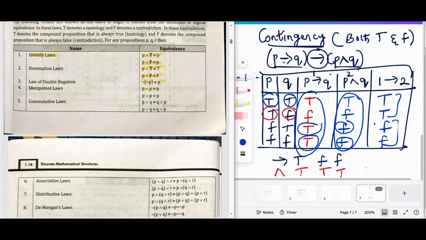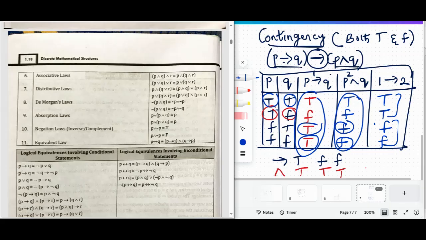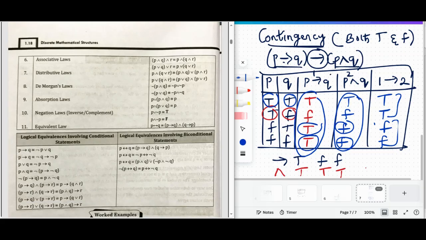Then you have the idempotent law: P and P is P, and P or P is P. Then you have the commutative laws: P and Q is Q and P, P or Q is Q or P. Then you have the associative law, where P and Q and R is logically equivalent to P and Q and R grouped differently. Then you have the distributive property.